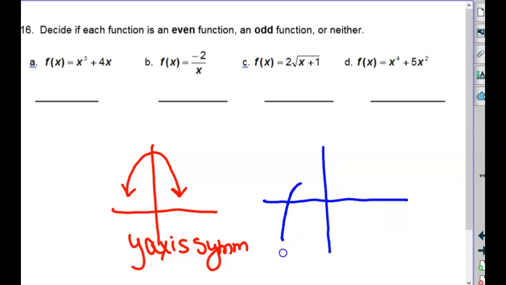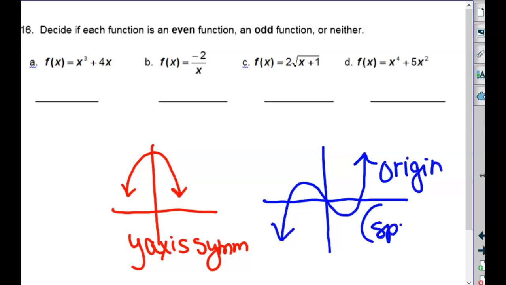Odd would look like this. Okay, origin symmetry, which means you can spin it 180 and it should look the same. All right, so the first one, x cubed plus 4x.